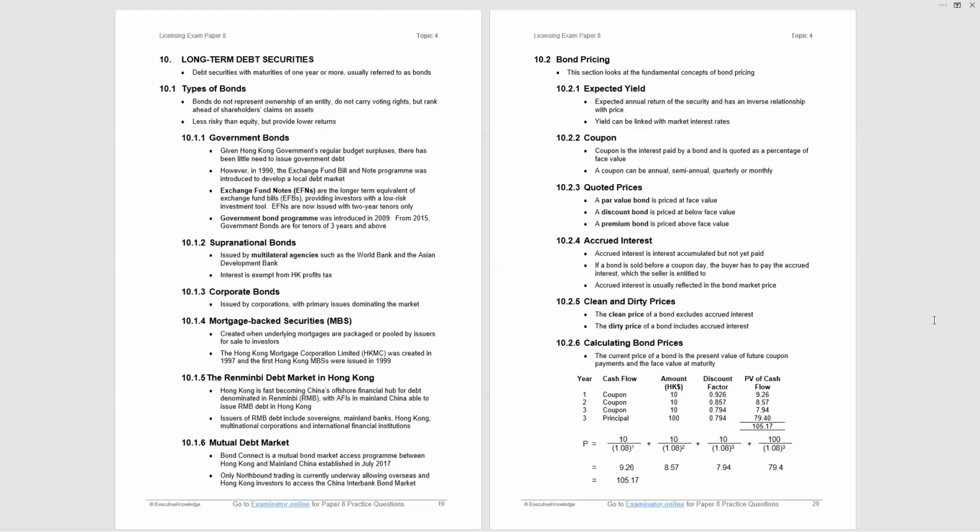Now, what we do is we discount back each of those cash flows to today's present value. Now, the discount factors that are listed there are calculated by taking the cash flow and dividing by 1 plus the yield raised to the number of periods. And that is what you can see in the horizontal representation.